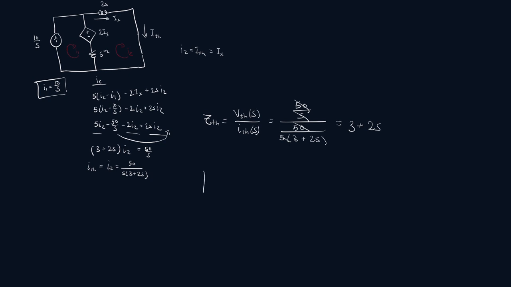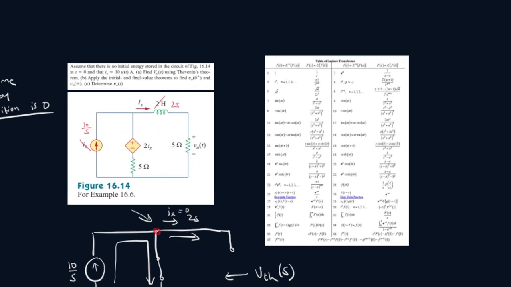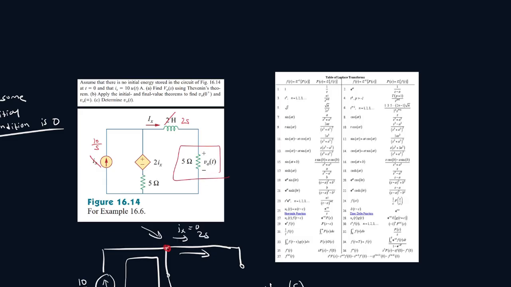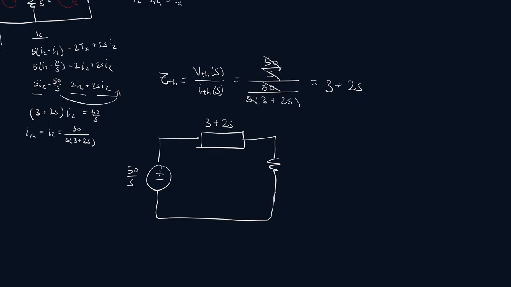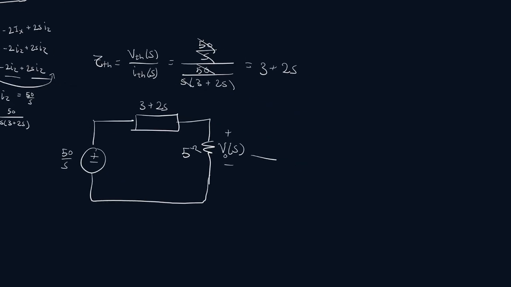Now we're going to write a Thevenin circuit. The Thevenin voltage, recall, was 50 over S. We have a Thevenin impedance of 3 plus 2S. And then recall, we removed this section of the wire, so we will include that. Okay, so this is Vs, and it's 5 ohms here. So to solve for VO of S, we can do the following.